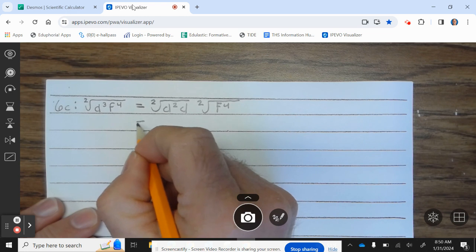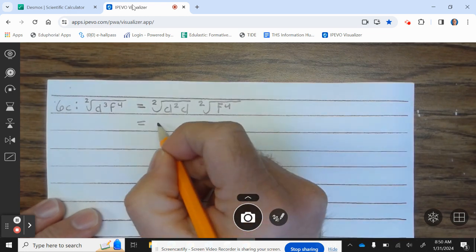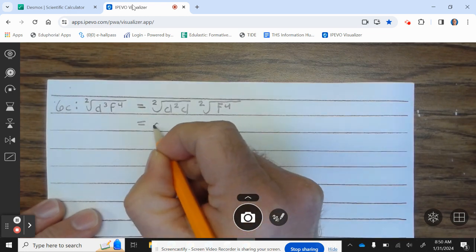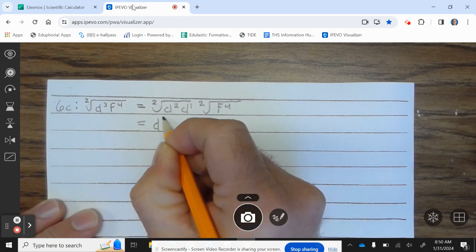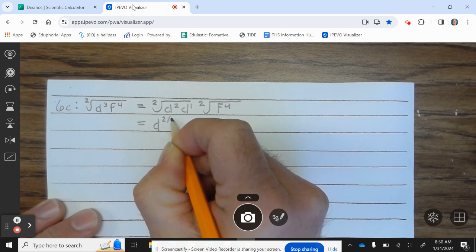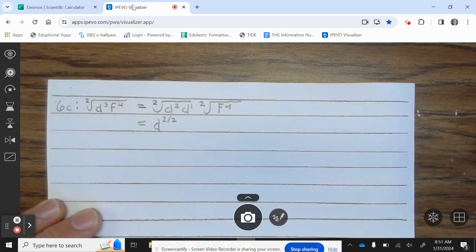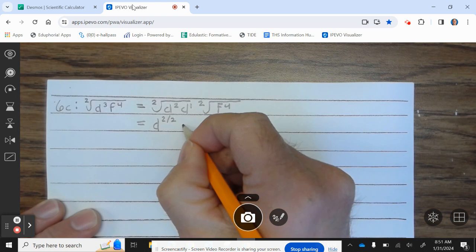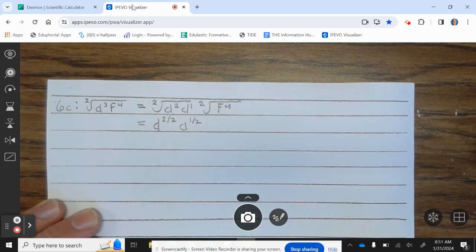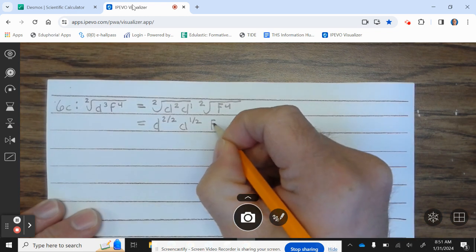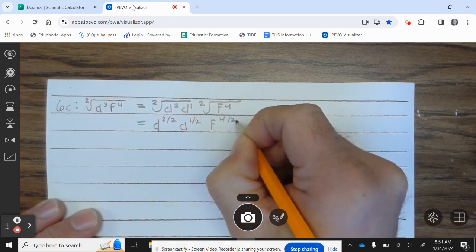So this can be rewritten as, technically that's a 1, d to the 2 divided by 2 times d to the 1 divided by 2 times f to the 4 divided by 2.